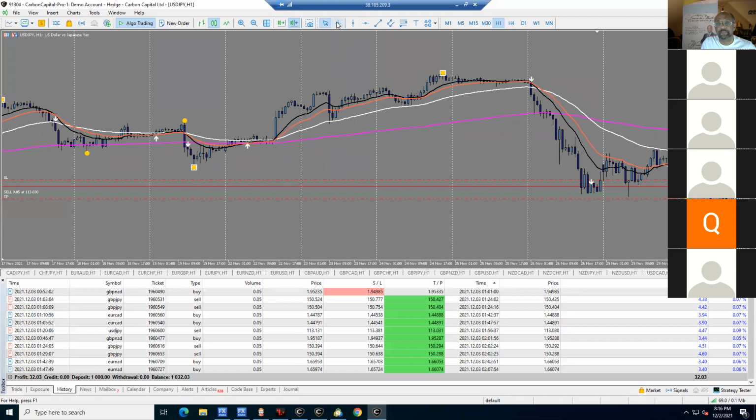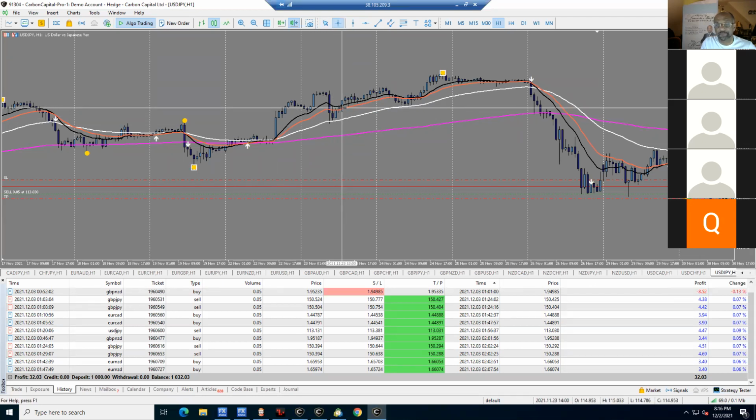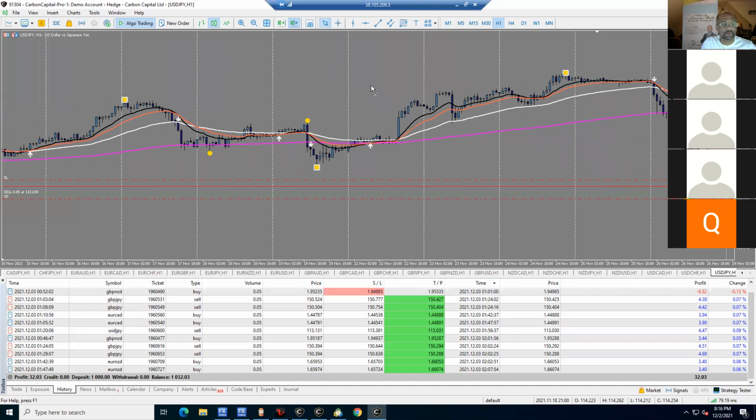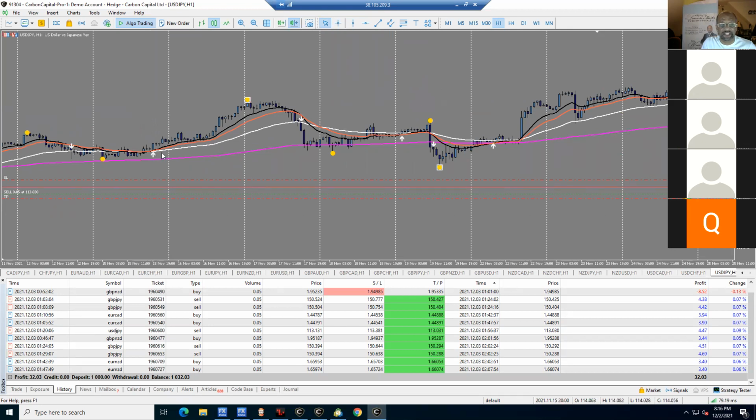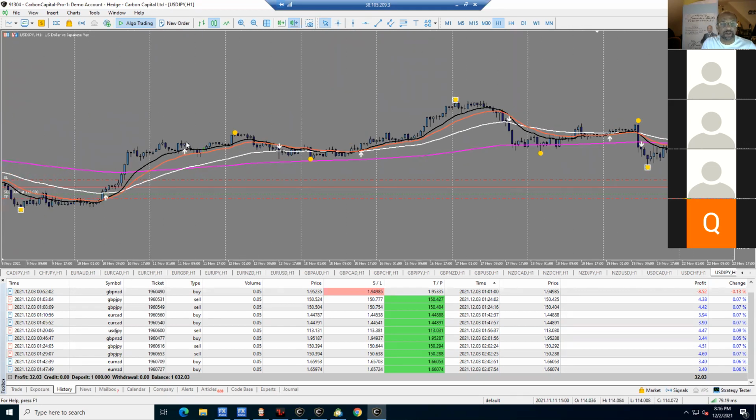Got your money. Price must be above the slower moving average. Got your money. On the cross, just on the cross. Above, of course, got your money. Cross right here, got your money. Because it entered in, never hit stop loss.